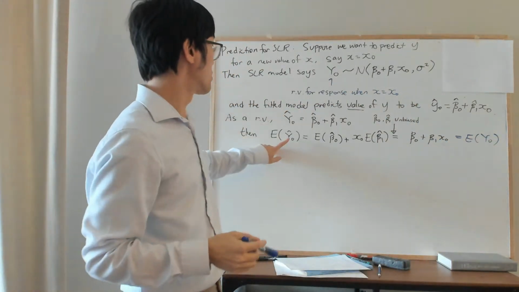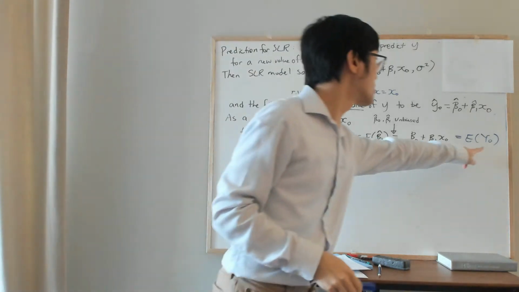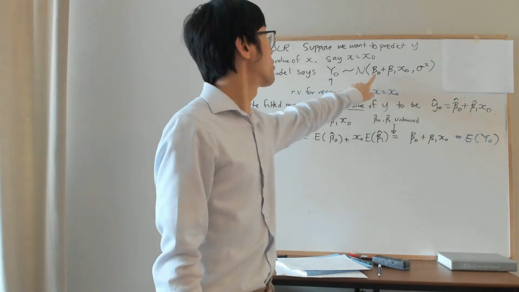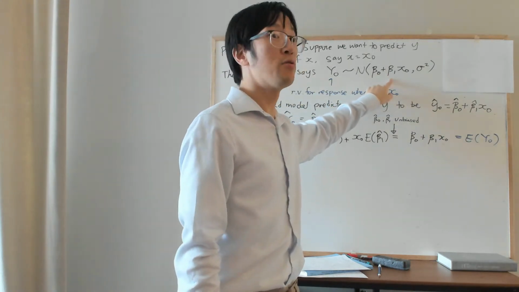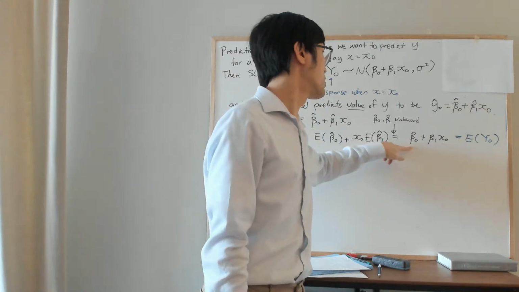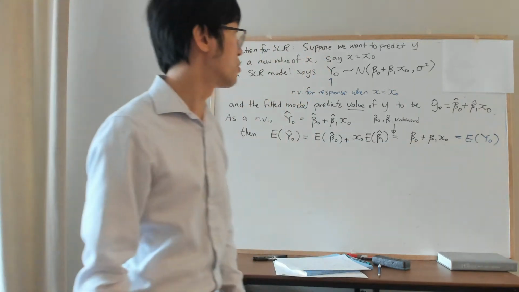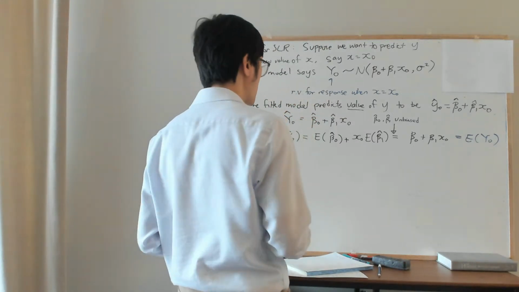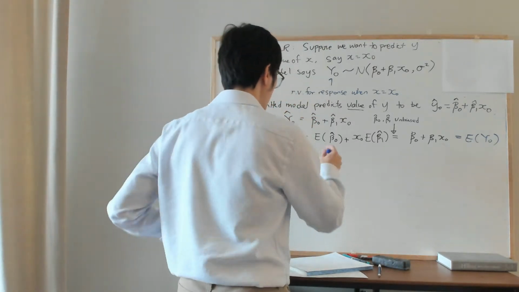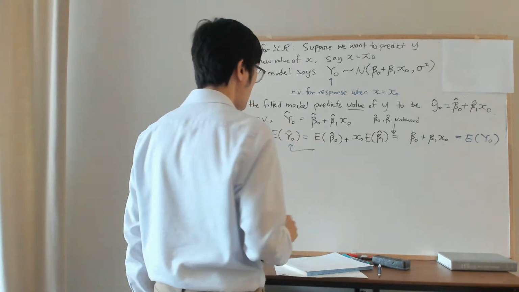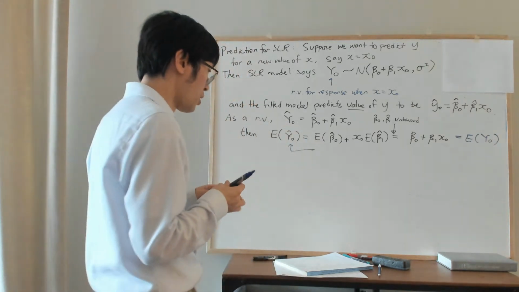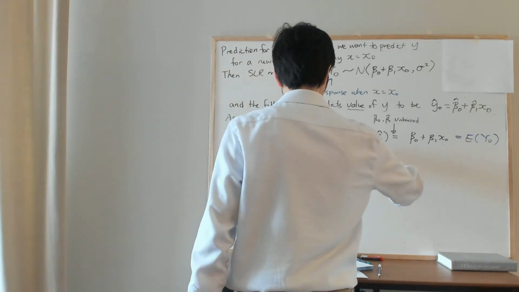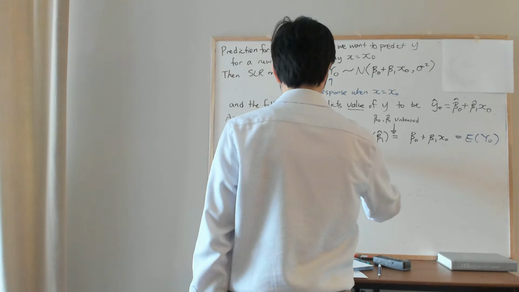Notice this one has the hat, this one does not. This is looking at the model where we have the unknown beta 0 and beta 1. So the model says this should be the expected value of the new observation. In other words, we can say that this y0 hat is an unbiased estimate.